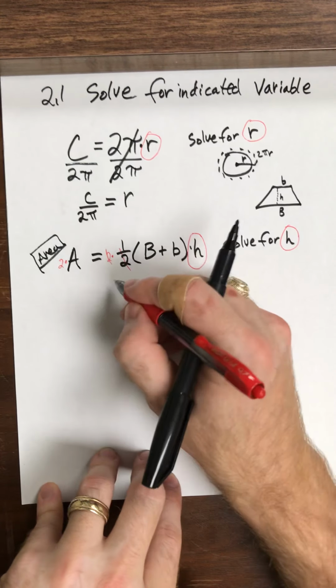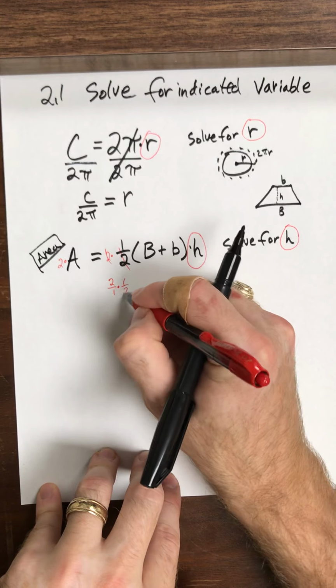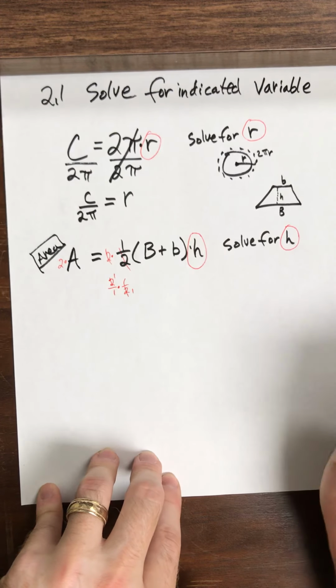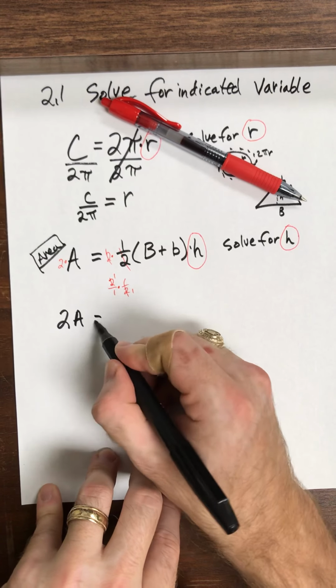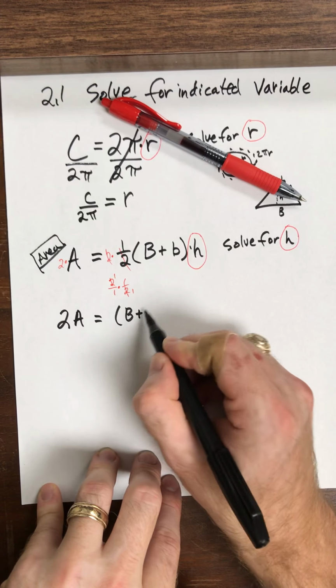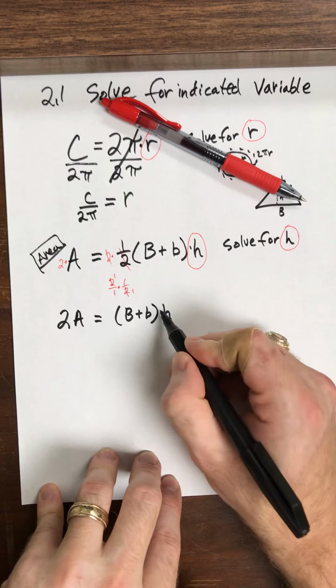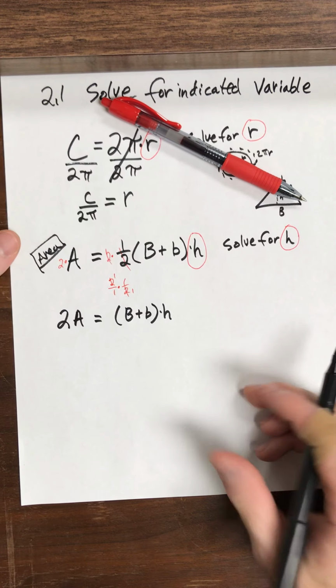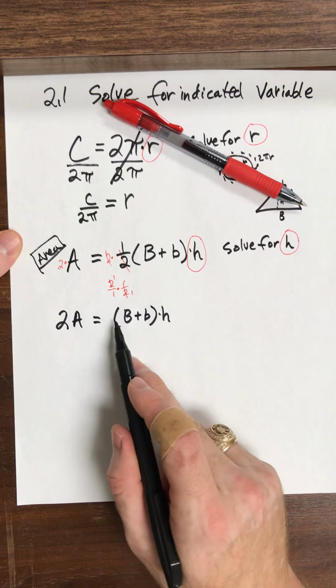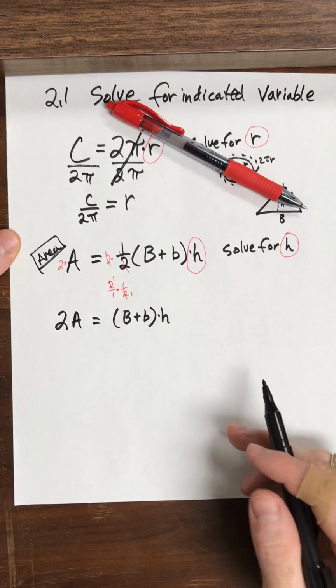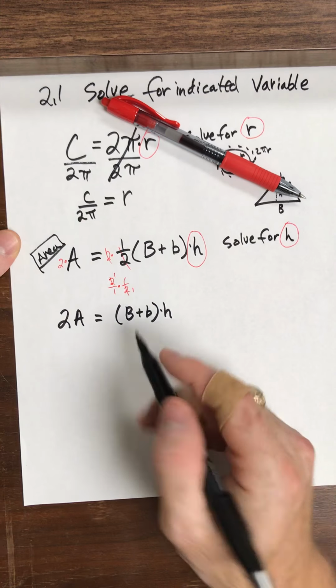All right, like look, 2 over 1 times 1 over 2, those cancel to get 1. And so what do I have? I've got 2a equals parentheses b plus little b times h, okay? That's why it's to the advantage not to multiply through, because if you distributed here, then you just have to factor back again, all right?